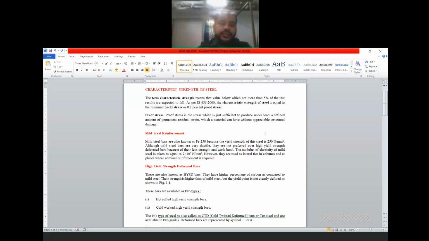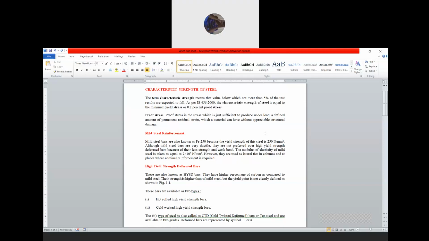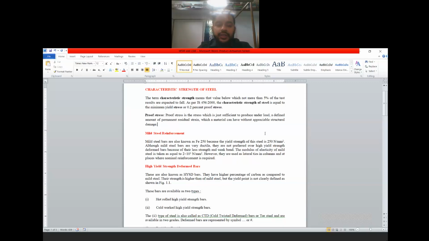If you read it, I think all of you can understand. It is the stress under load. When you put the load, some stress will occur, and in the end, you can see a defined amount of permanent residual strain. That means the strain will be permanent.